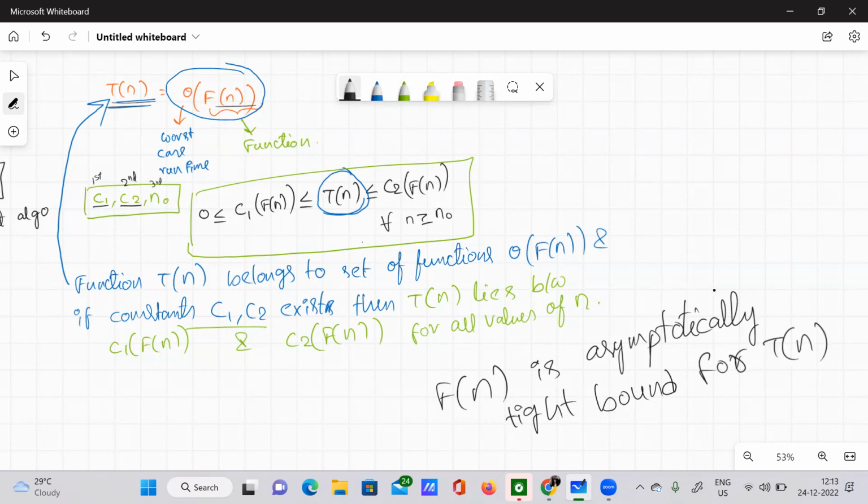Why? Because it is lying in between c1 of f of n and c2 of f of n. So we can say f of n is an asymptotically tight bound.